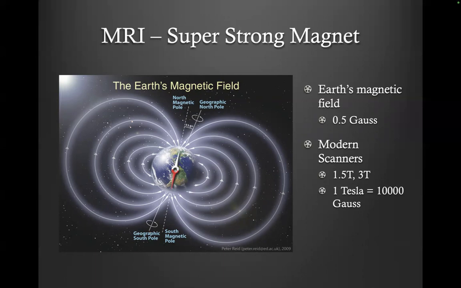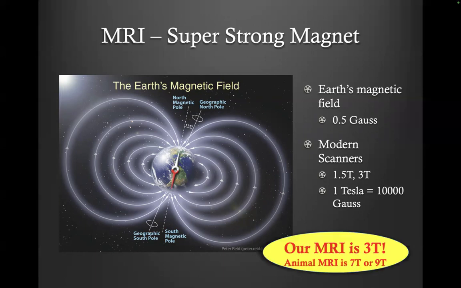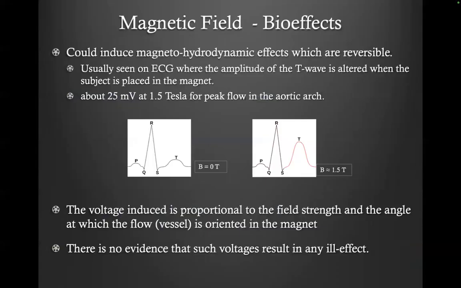So this is hundreds of thousands of times more than the Earth's magnetic field. Our MRI scanner is 3 Tesla, and the animal scanner is actually 7 Tesla or 9 Tesla. So it's pretty crazy if you think about how strong the magnet is.